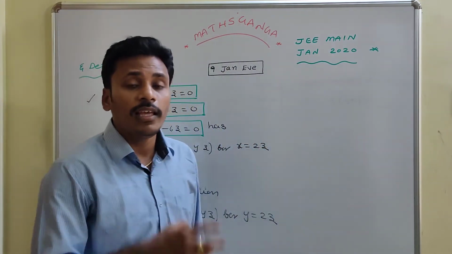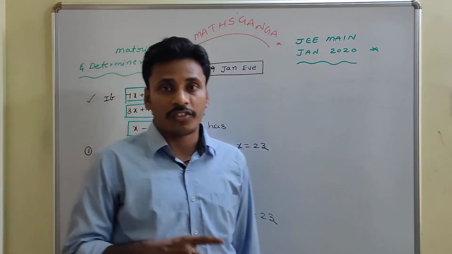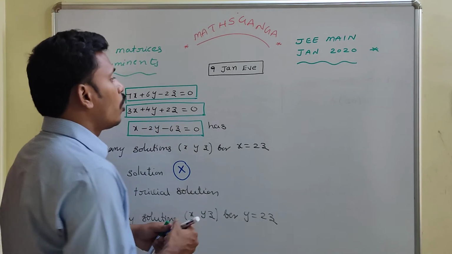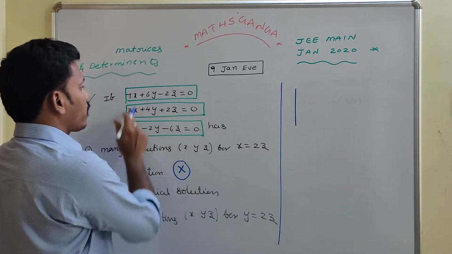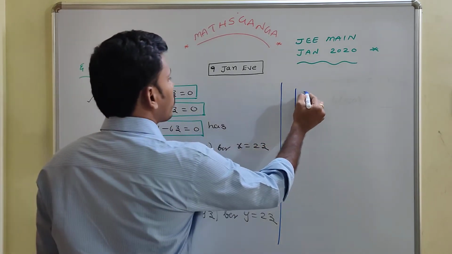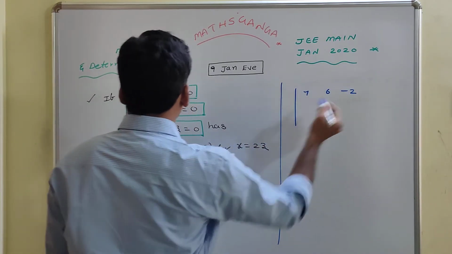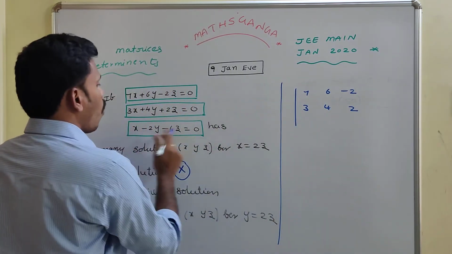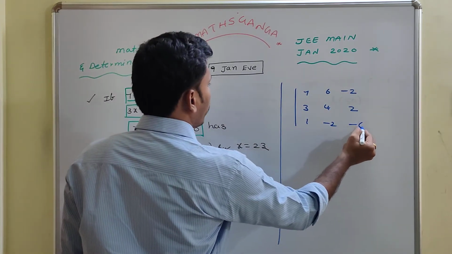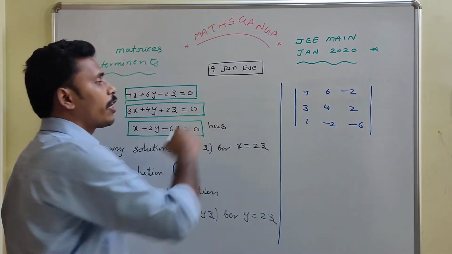It depends on the determinant of the coefficient matrix. So you need to consider the determinant of the coefficient matrix. What are the coefficients here? 7, 6, minus 2, and then 3, 4, 2, and then 1, minus 2, minus 6. You need to find its determinant value.